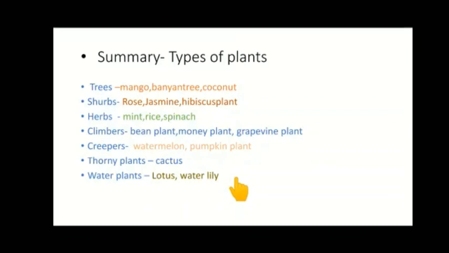Dear students, whenever you go outside, to the park or your garden, go and observe the plants. Observe which is the herb, which is the tree, which is the creeper, which is the climber, which are the water plants. Observe the plants.